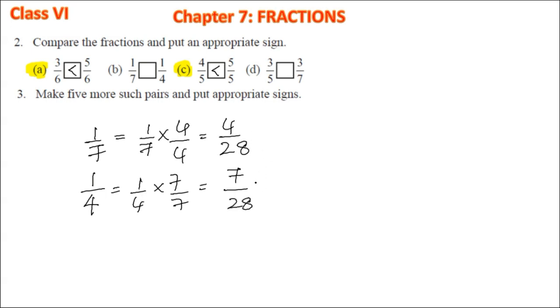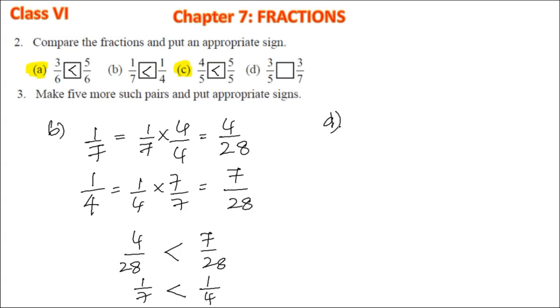Now you compare these two. In 4 by 28 and 7 by 28, which one is larger? 7 by 28 is larger. This is originally 1 by 4 and this 4 by 28 is originally 1 by 7. So 1 by 7 is smaller compared to 1 by 4. So this is B.